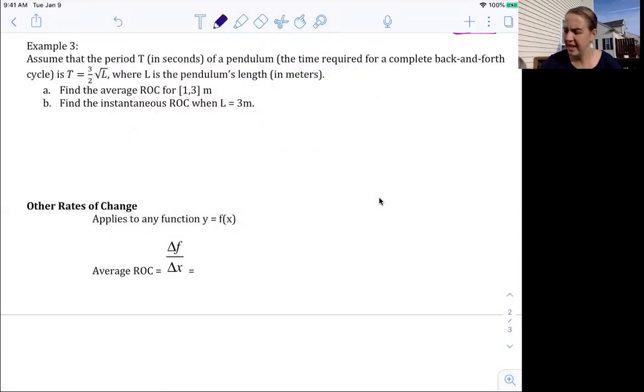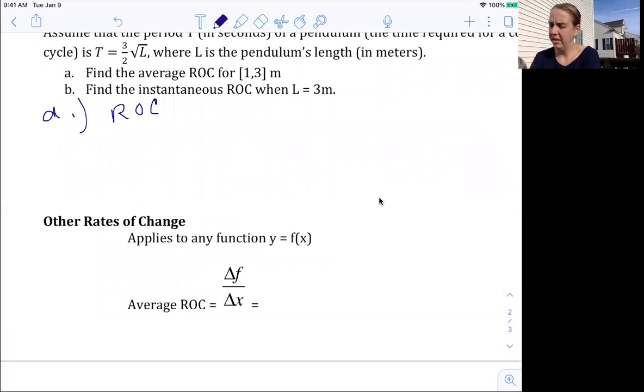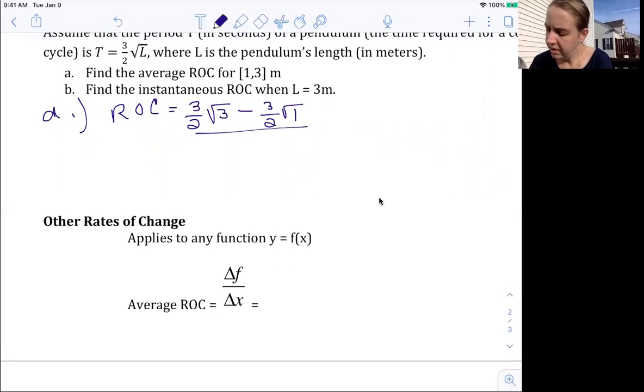So for that first example, part A, instead of position, it's that second value. So I'm just going to jump right in. We're going to say rate of change is equal to 3/2 root 3 minus 3/2 root 1 all over 3 minus 1.